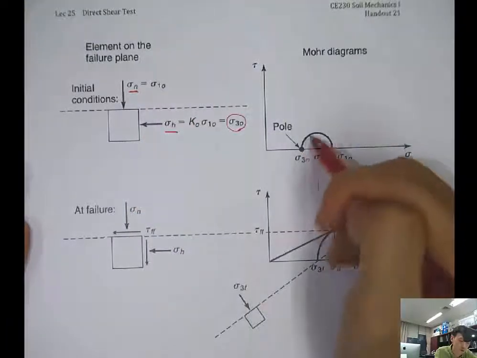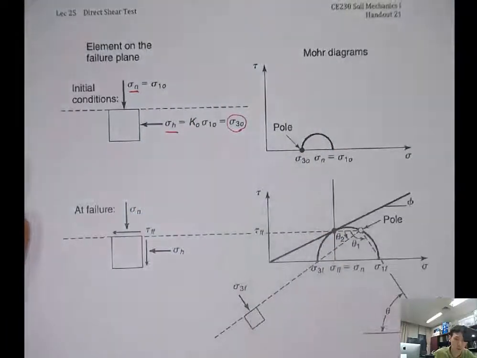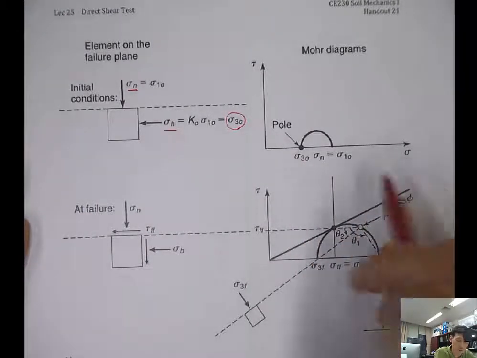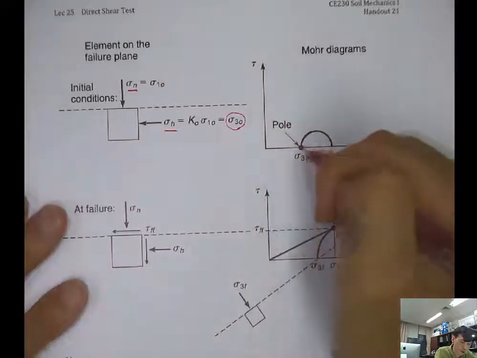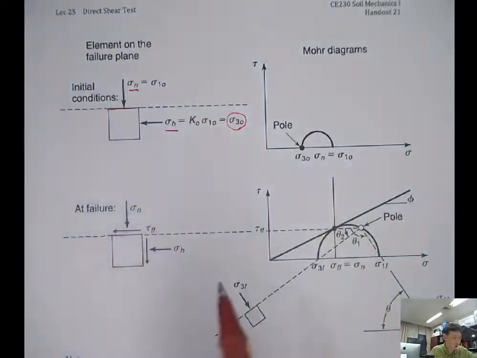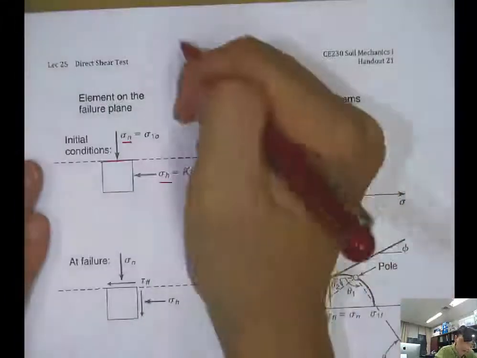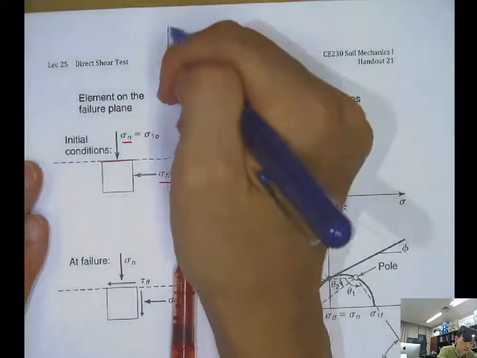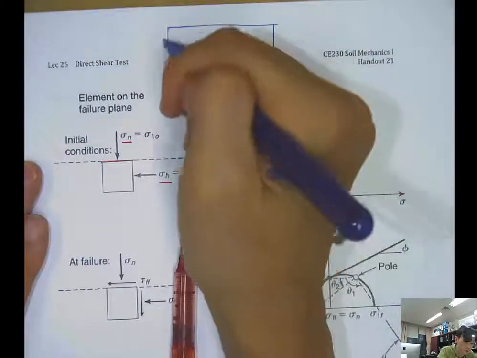So we can draw this kind of Mohr circle. Right? Sigma 3 naught and sigma 1 naught. And then the pole will be here. So let's say we are looking at the shear box.